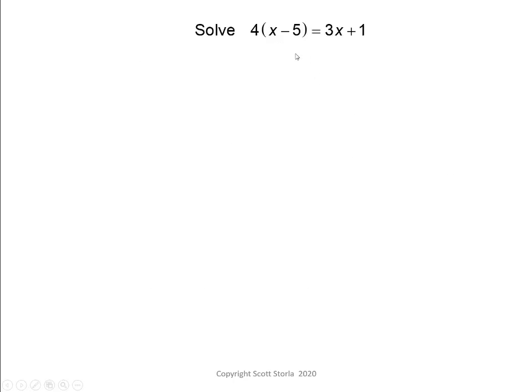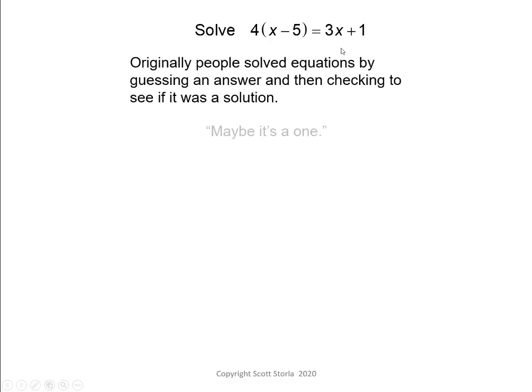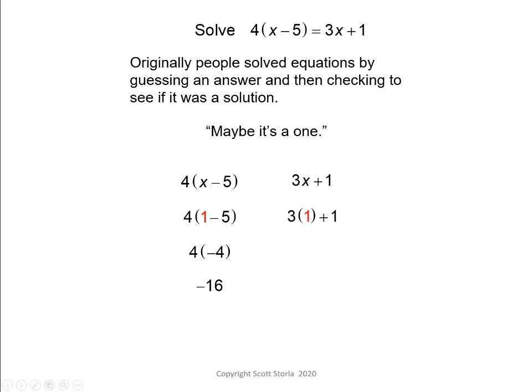Originally, what people had to do, because they didn't have a procedure for solving something like this and figuring out the solution, was they would guess. So maybe they would say, well, let's try a 1. If you think 1 is the solution, then starting on the left, for instance, you would replace x with 1 and simplify following the order of operations, and find that the left side simplifies to -16, and then you go to the right side and substitute 1 for x.